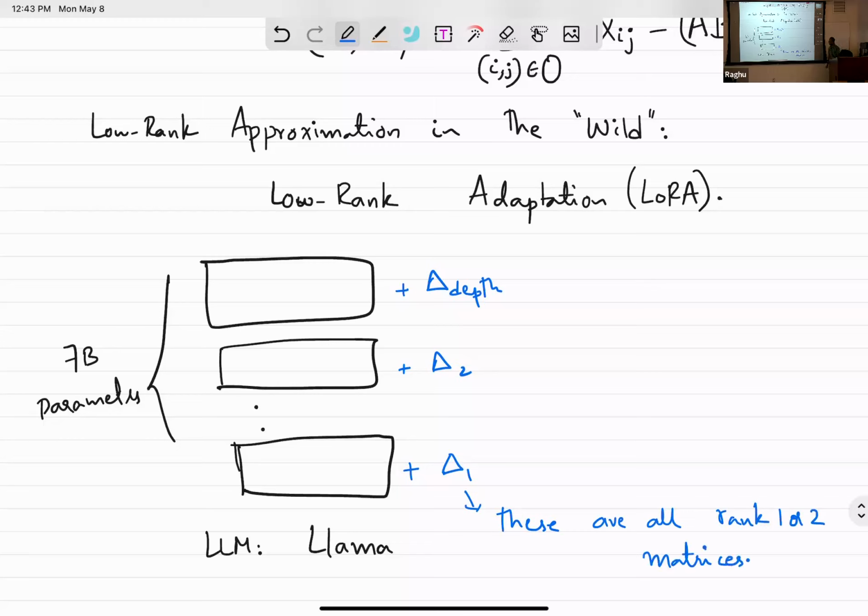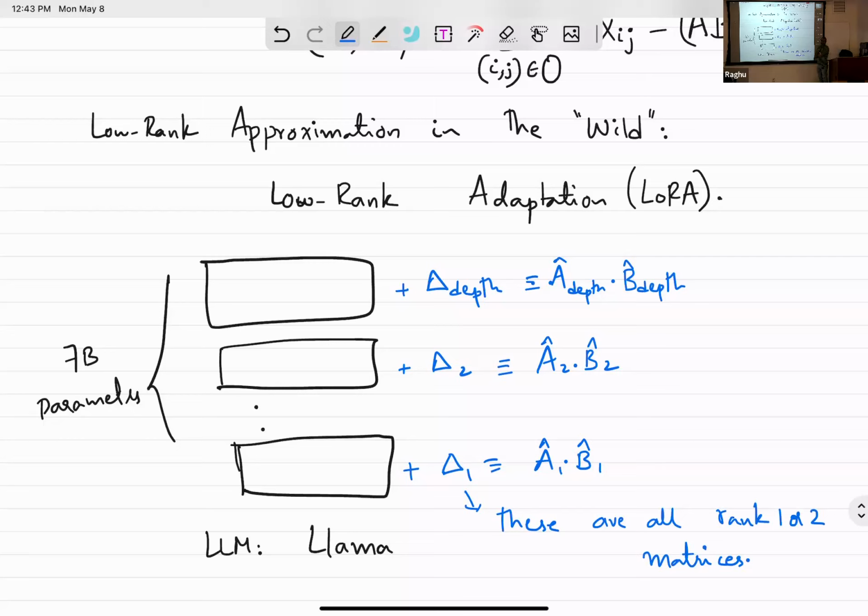You actually make each one like A hat 1 times B hat 1, A hat 2 times B hat 2, and so on. You're adapting a giant model with 7 billion parameters, but reducing the rank a lot.